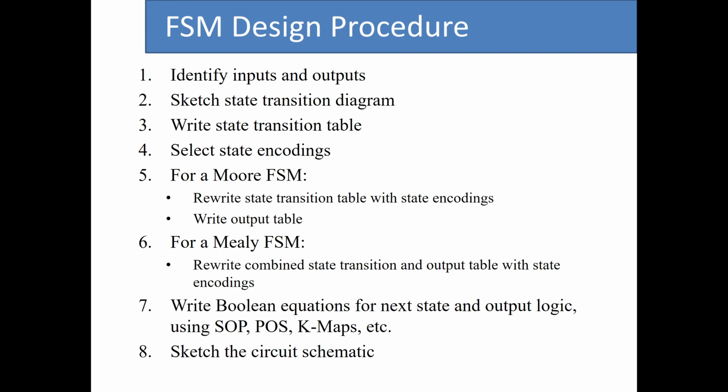So now that we have seen some examples of both Moore FSM and Mealy FSM, let's summarize all the steps that are needed to design such finite state machines. So the first step is to identify the sets of inputs and outputs that we have for our system.